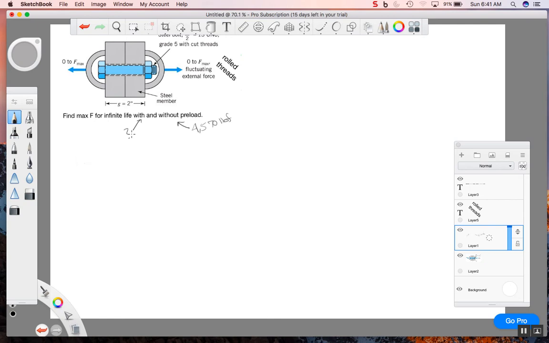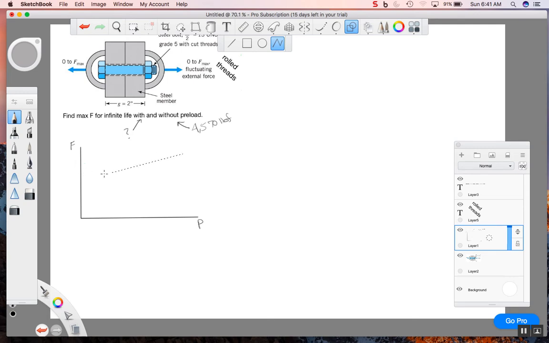What exactly changes? The key thing that changes is this little picture here. Remember that we've got some initial tension. Let's get rid of this for now. We're going to plot force against the external load again, but this time we've got some initial tension, and we're going to preload it up here.